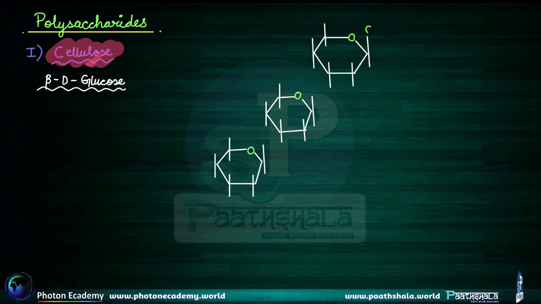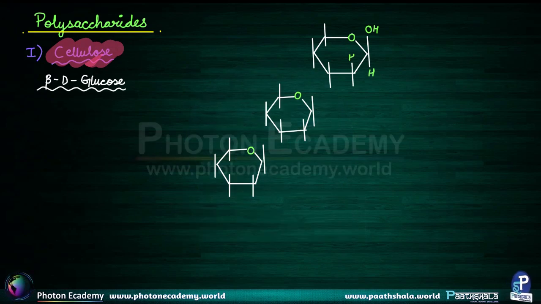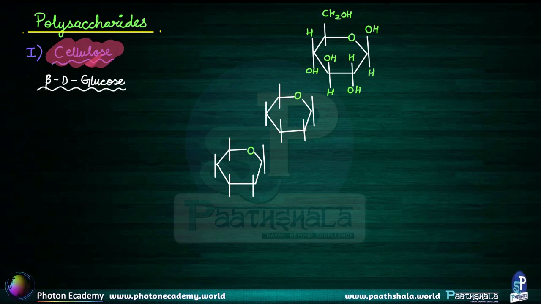We'll have an OH over here, an H over here, then H, OH, then OH and H, and H, OH, and we have CH2OH and H. So this is the structure which will be repeated a number of times. And let us see how the glycosidic linkages are formed over here.